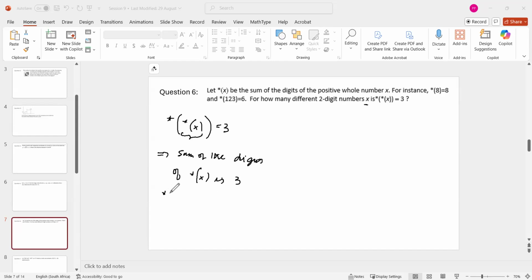So now you look at star of x, right? The sum of its digits is 3, so it could be 3. The sum of the digits of 3 is 3, or it could be 12, because the sum is 1, 2, or you could have 2, 1. We could have had 3, 0.